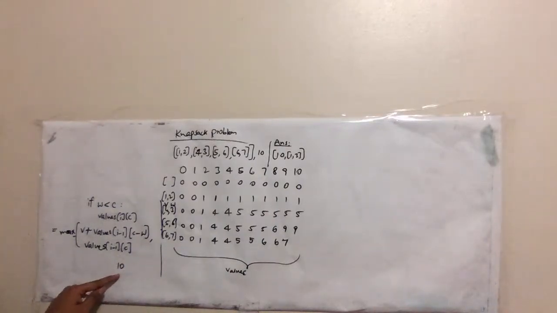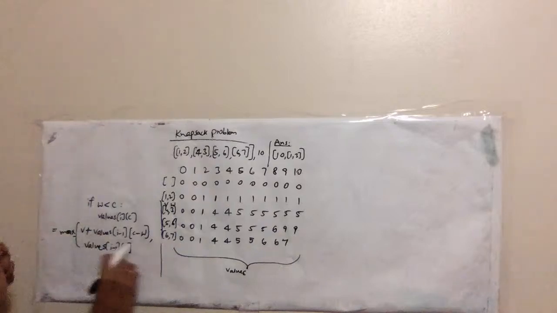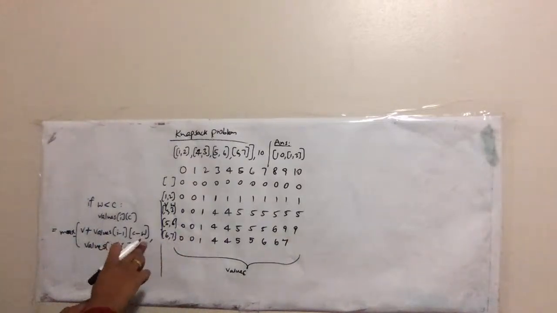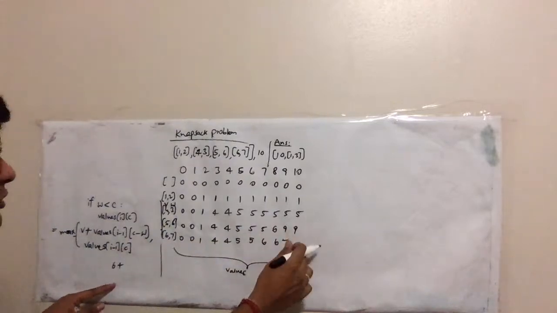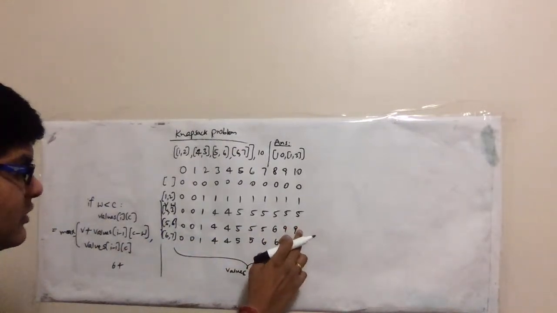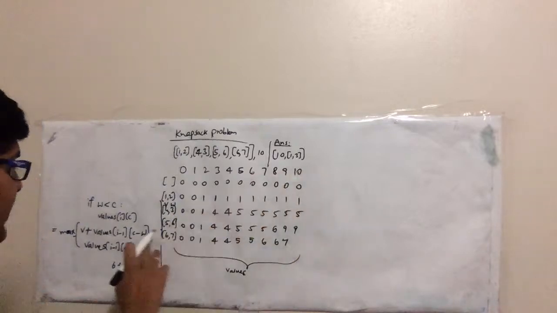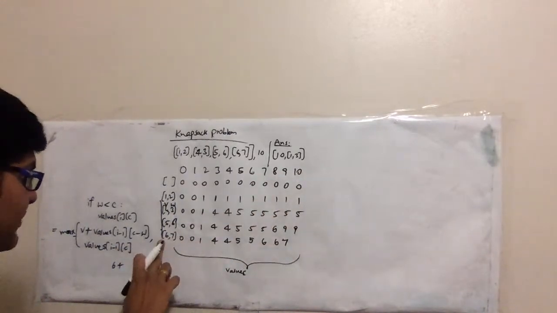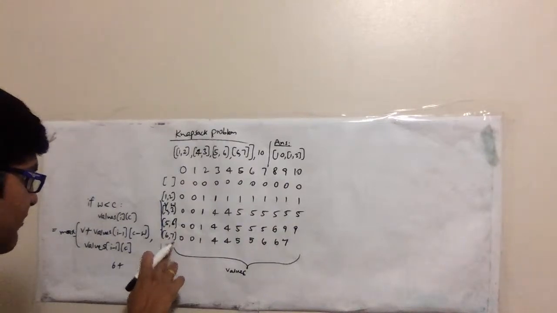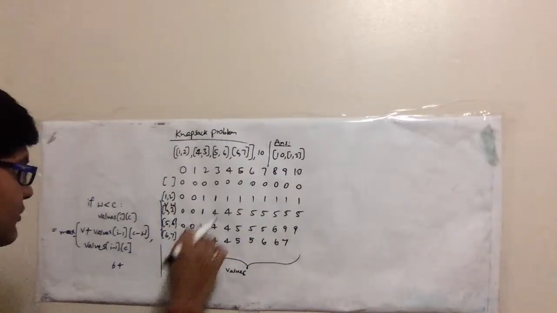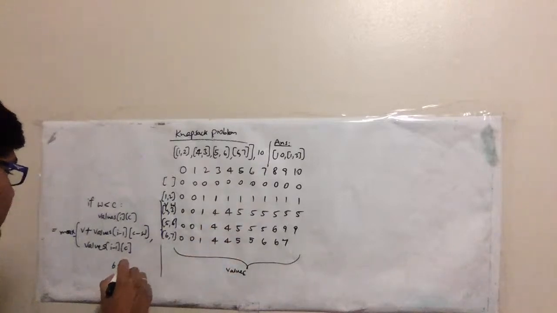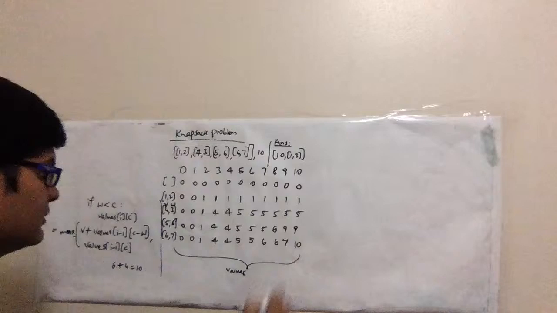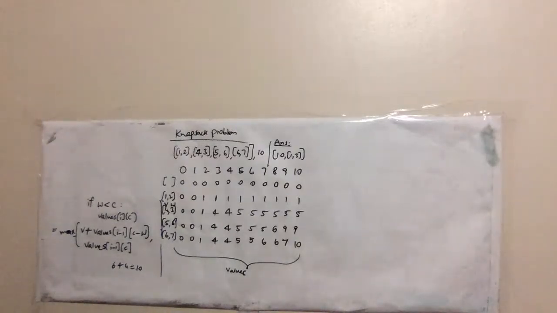By taking this, we will get a value of 6. As per our formula, we are taking this and just going to the top row and c minus w. Capacity 10 minus w, which is 7. 10 minus 7 is 3. Go to the 3 and it will give you a value of 4, so this is 10.